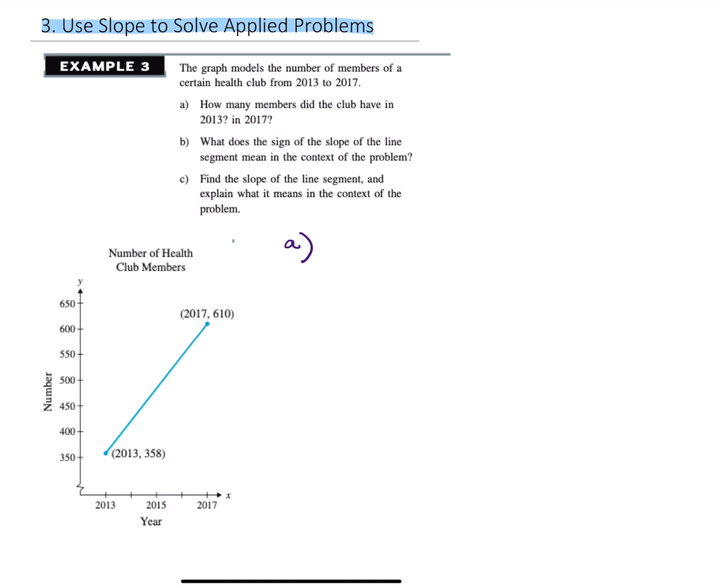Well, for a point on this graph, the x value is the year, and the y value is the number of members. So just reading off that point, in 2013, there were 358 members.